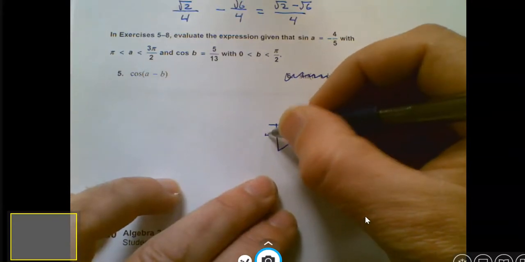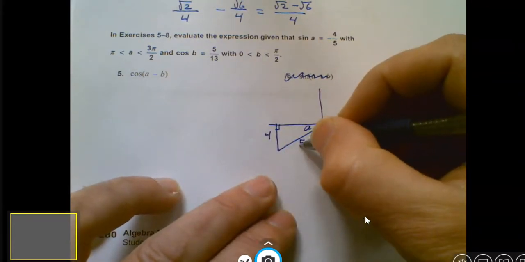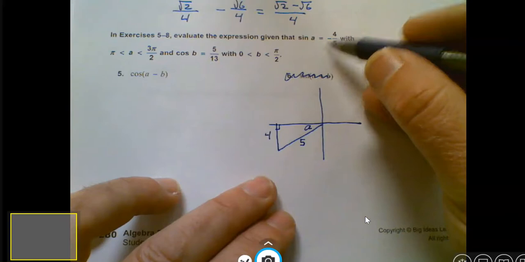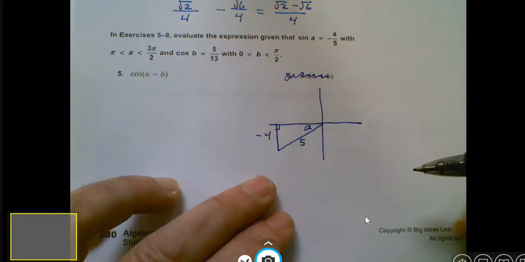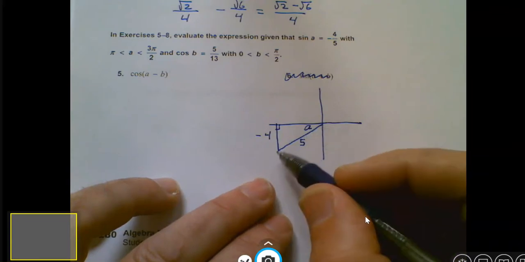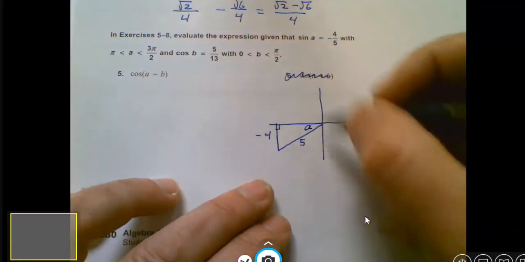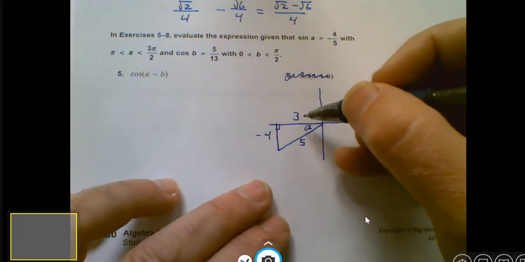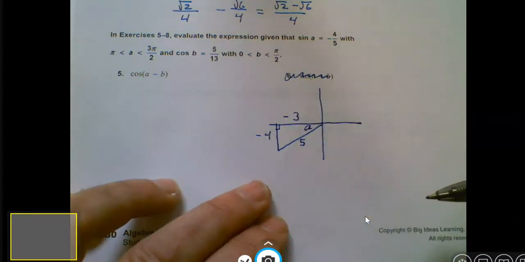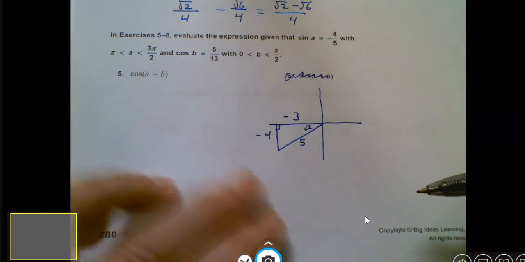And of course, my negative would have to go with the guy that goes down. Anything that goes left or down is negative. Hypotenuse is never negative. If I did Pythagorean theorem on this, I get 3. And again, because this goes to the left, it's going to be negative. So that's our information for angle A.